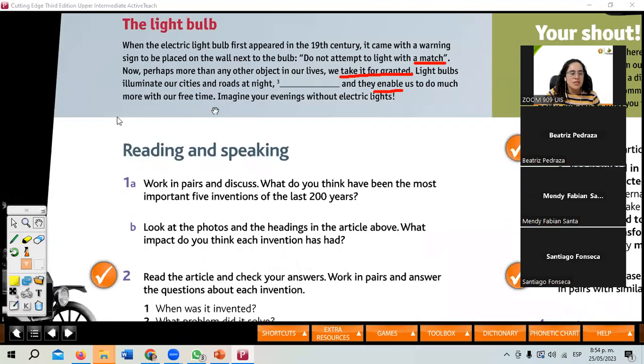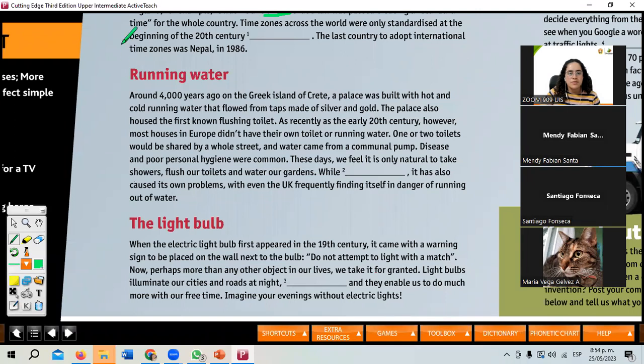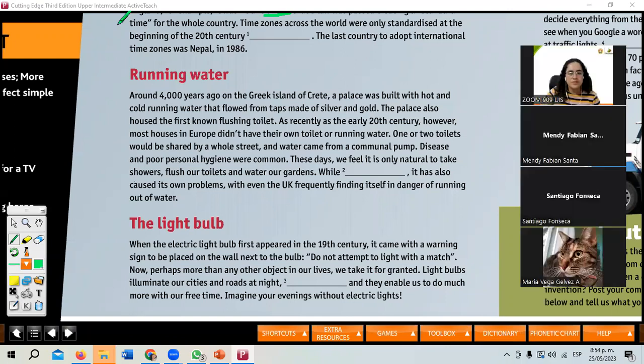Let's see another student. Maybe we can hear Maria. For the running water, when was it invented and which problem did it solve? Was invented in early 20th century.